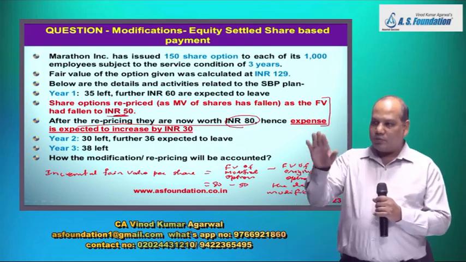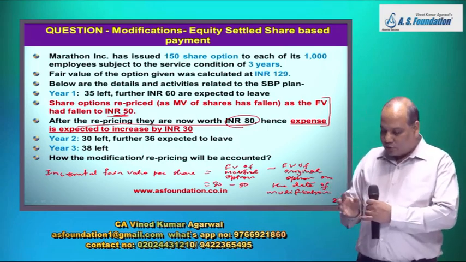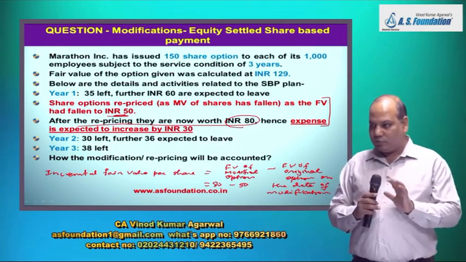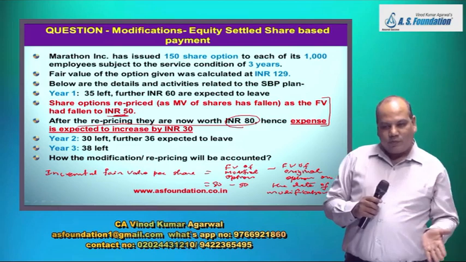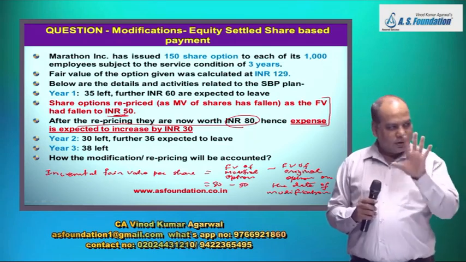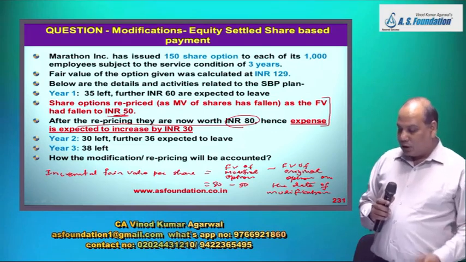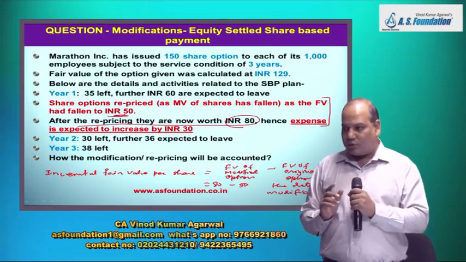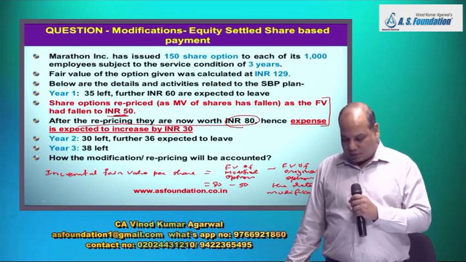The original option's fair value on the date of modification has gone down to 50 rupees, because the fair value will keep changing every year. True or false? Fair value depends on the remaining number of years and on expectation about the market price. The original option with original terms and conditions has a fair value of 50 rupees now as the share prices have gone down, but with modified conditions, the fair value is now 80 rupees. So this 30 rupees will be treated as incremental expense.